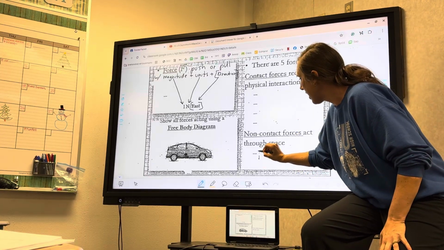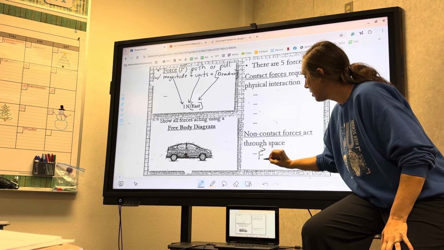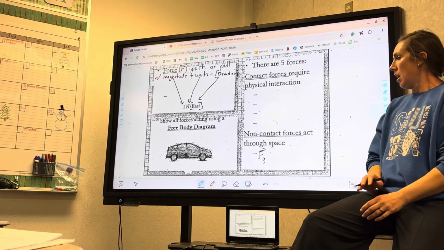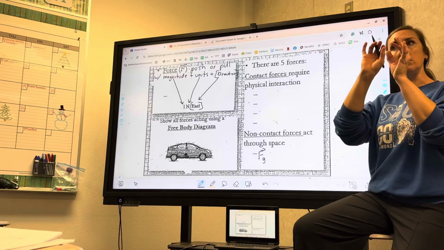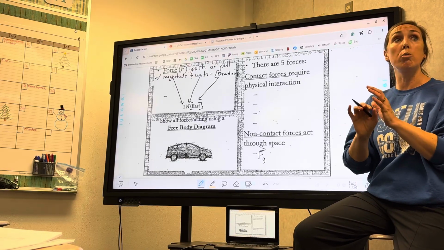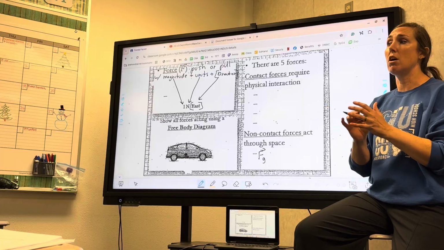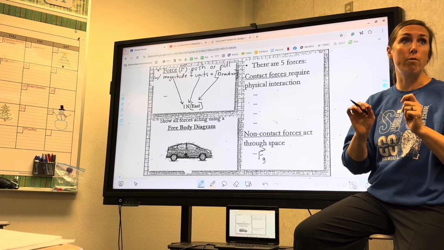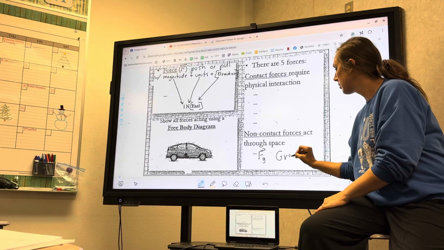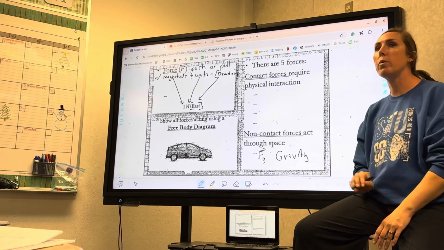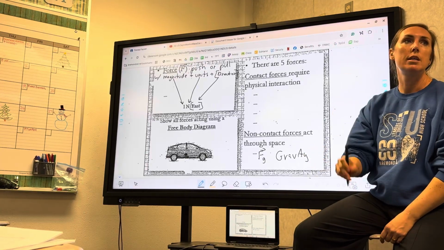So that is F hat sub G. I do a lowercase g. Y'all, I've seen the subscripts, the smaller letters in both ways, but the thing you must have in all of these is a capital F for force, okay? And this is gravity.